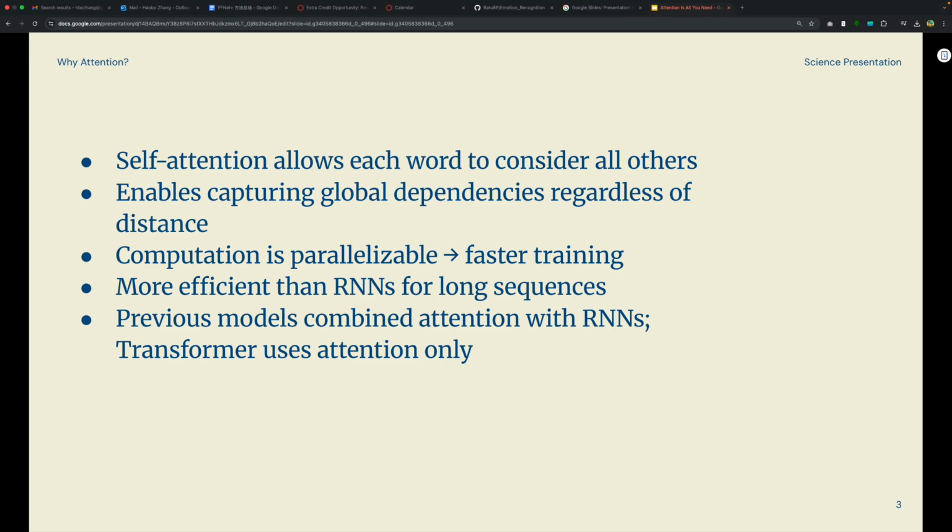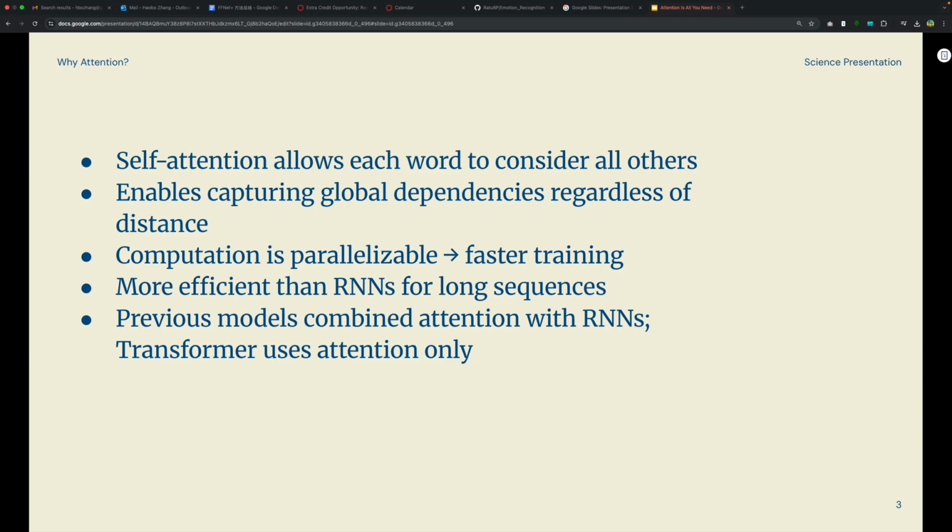For example, in the sentence, the animal didn't cross the street because it was too tired, the model needs to understand that it refers to the animal and not the street. So the attention mechanism helps make the connection directly. Moreover, attention enables all parts of a sequence to be processed simultaneously rather than sequentially.